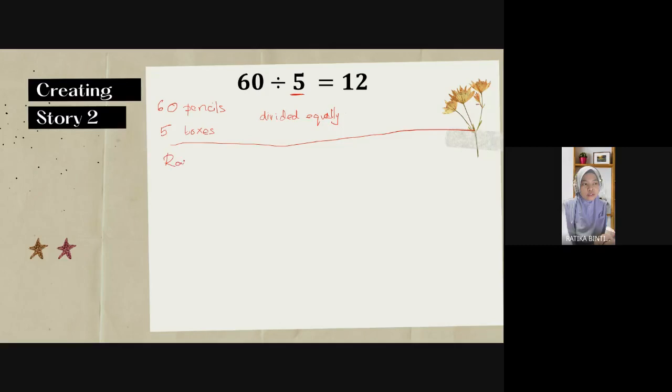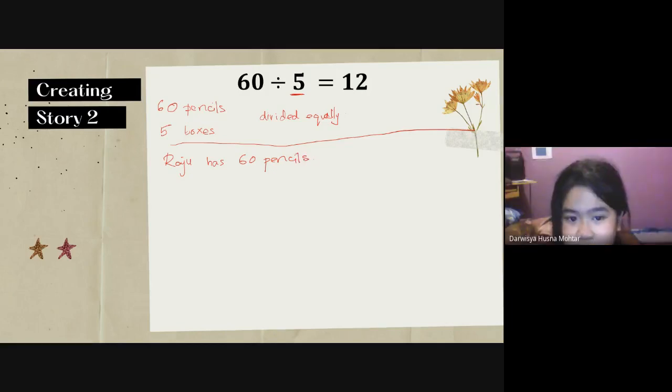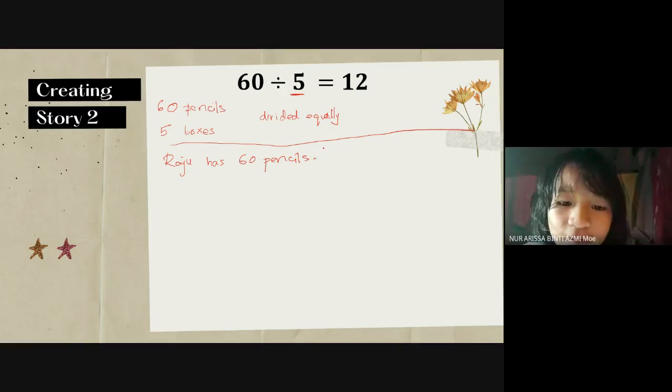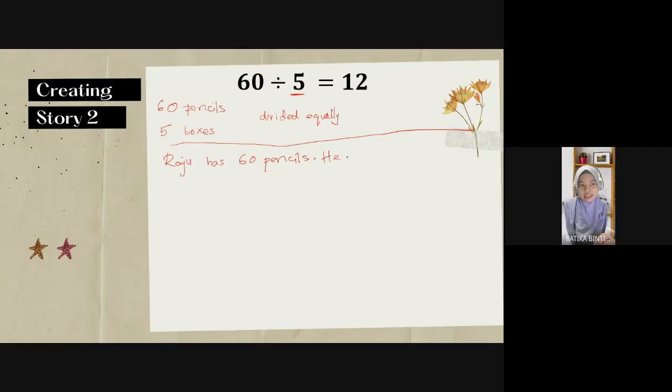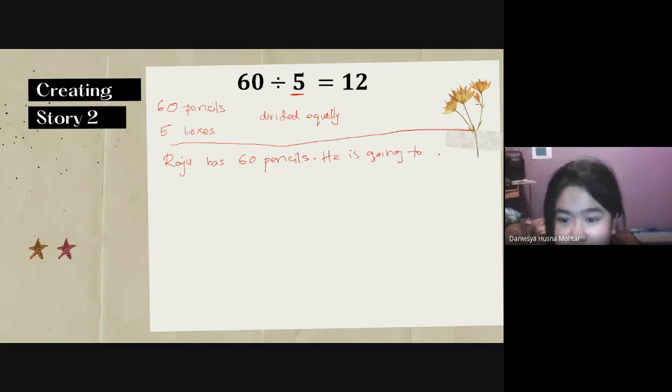Raju has 60 pencils. Okay, then? And 50 boxes. I mean 5 boxes. He is going to what?